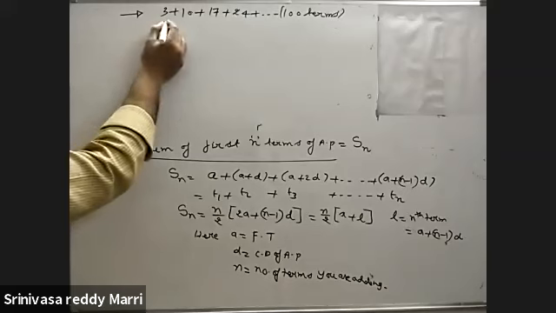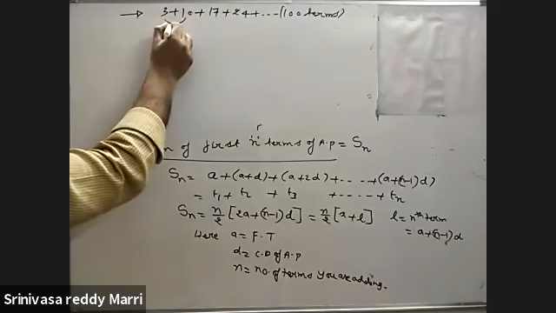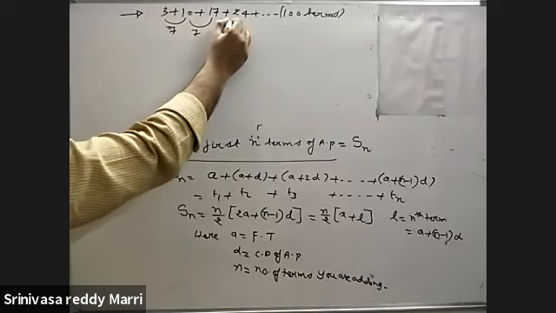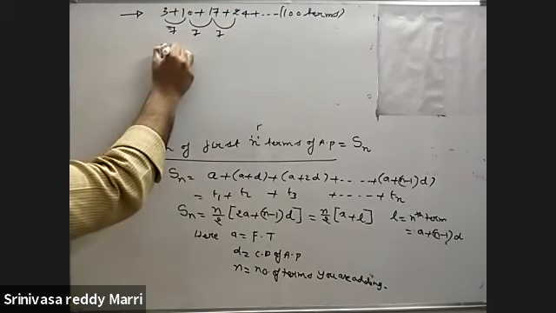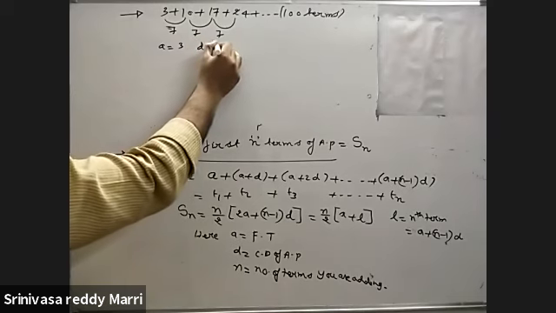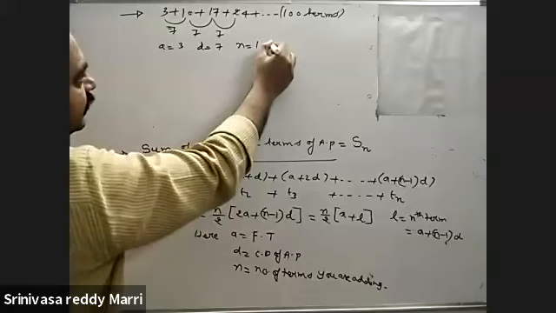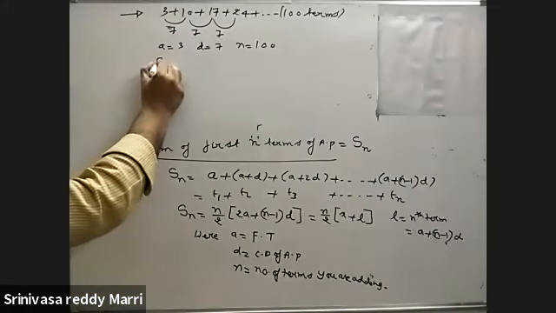So that means this is an AP. First you have to identify that this is an AP. Common difference is the same. So therefore, first term is what? A equal to 3, D equal to 7. N, how many terms? 100. So therefore, you have to calculate the sum of 100 terms.